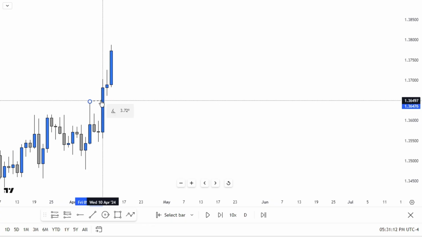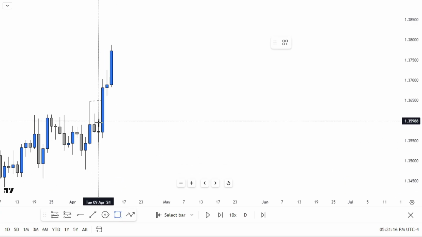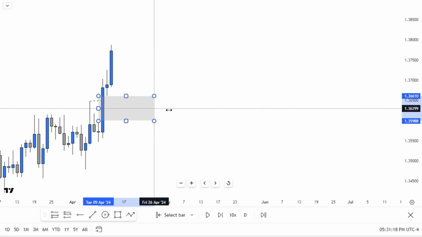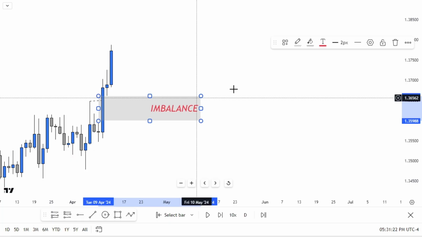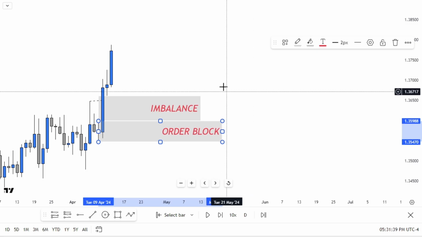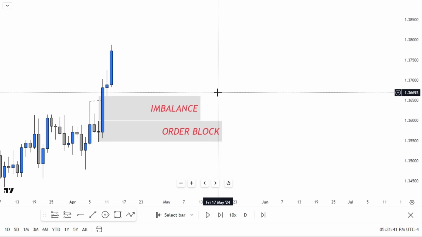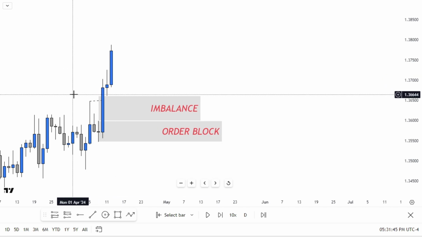Price broke above this swing high, leaving behind an imbalance and an order block. So we had all criteria met, and now we can consider this a valid order block.